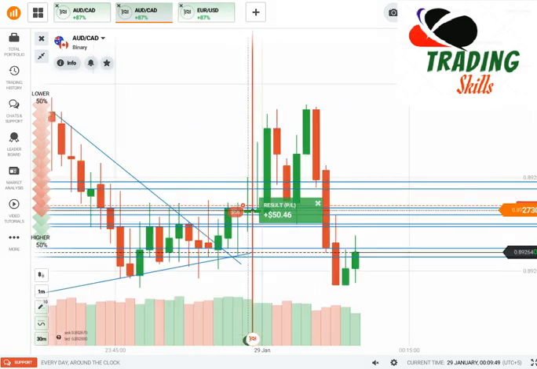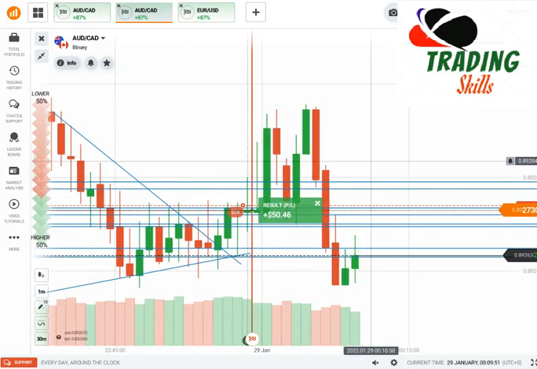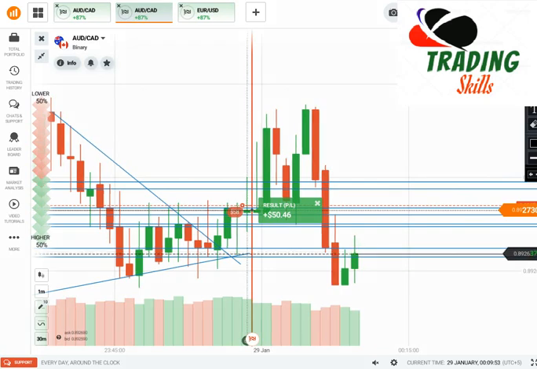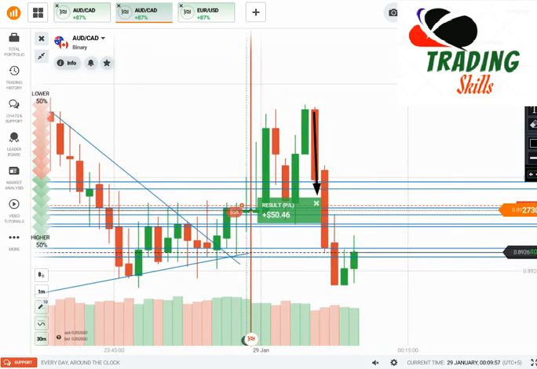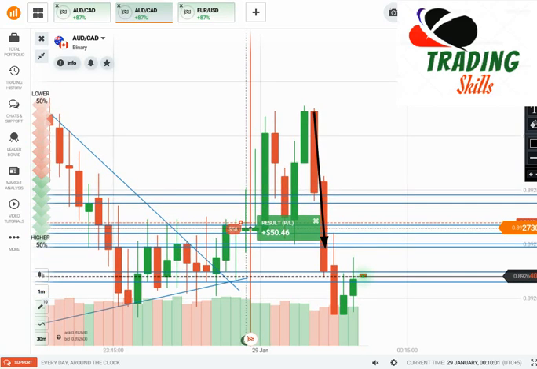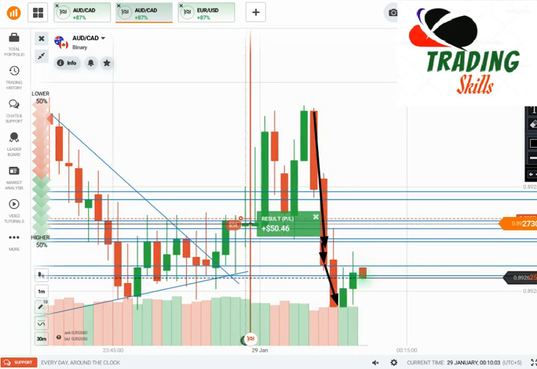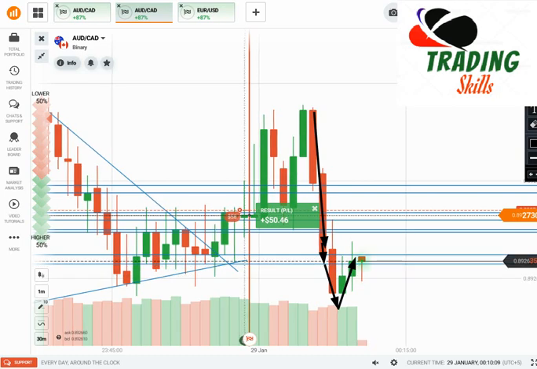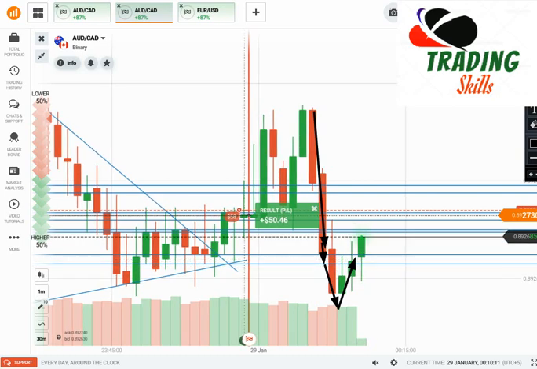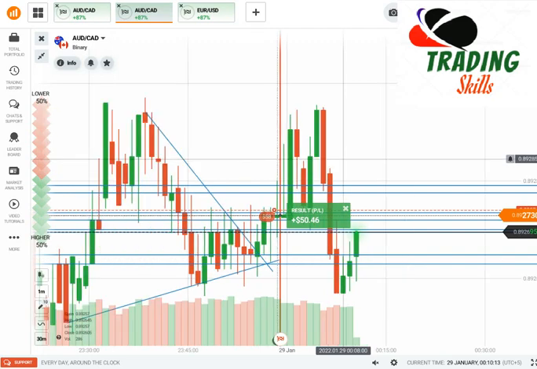The same situation and same thing happened here. You can see market broke these levels 1, 2, 3, but now at this area sellers were strong, so therefore sellers entered. But now you can see market closed here at this level. So what you can expect here, so let me show you here one thing.